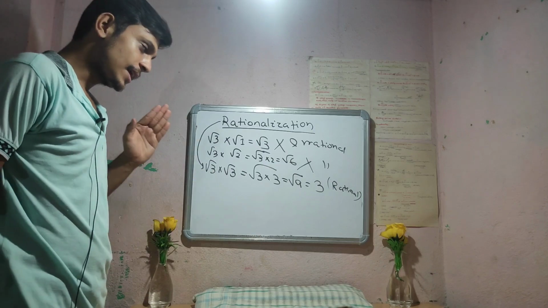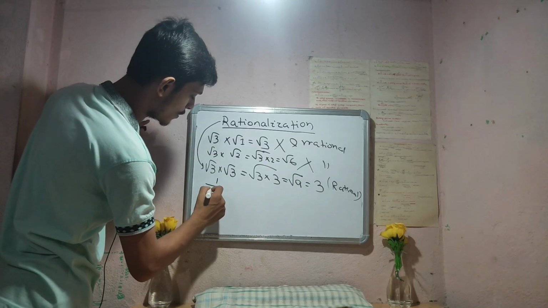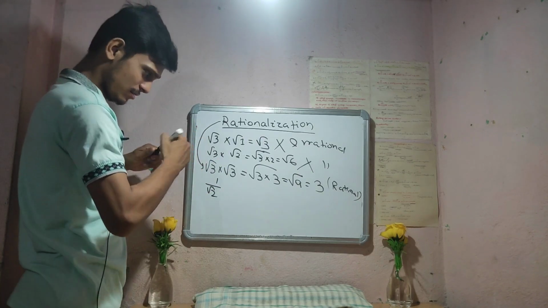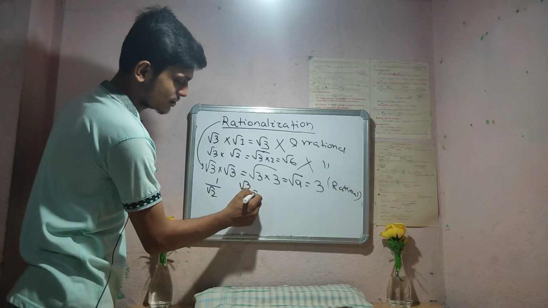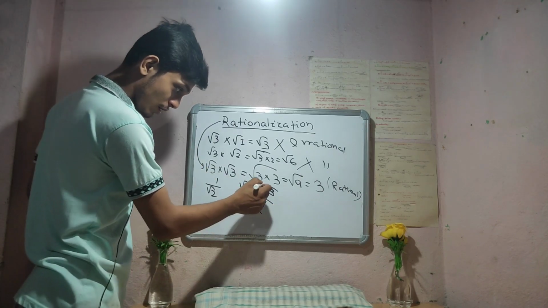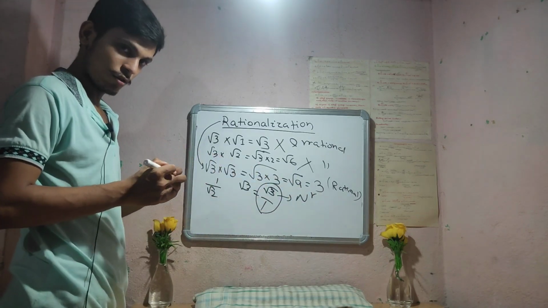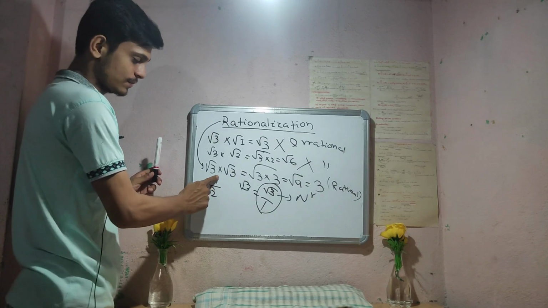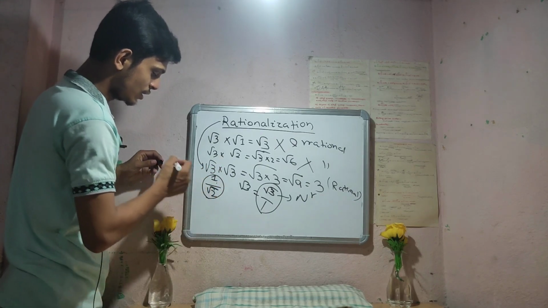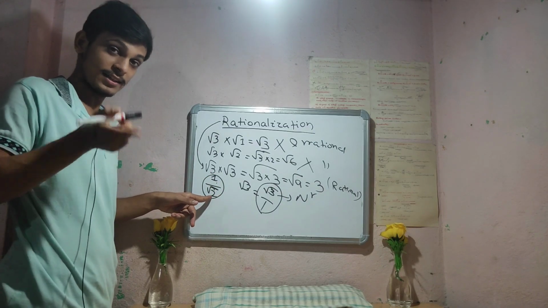Here's my point. Suppose a number is given as 1 upon the square root of 2. In the number root 3, that is root 3 upon 1, the irrational part is in the numerator. Yes or no? But see 1 upon root 2. The irrational part is in the denominator.